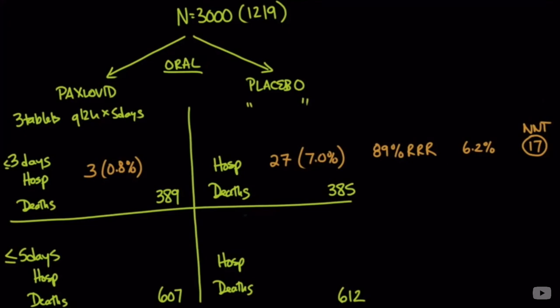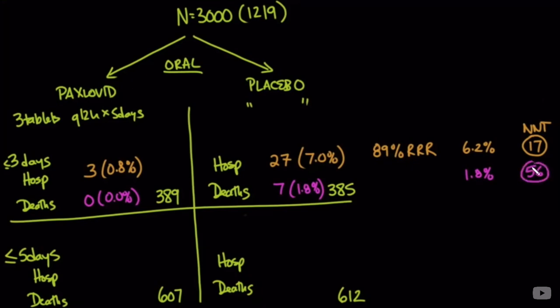What about deaths? Well, in the PAXLOVID group, if you got to them before the end of 3 days of symptoms, there were actually 0 deaths in that group, and that's, of course, 0%. But in the placebo group, there were 7 deaths, and that's 1.8%. Now, of course, if you look at this, that is a 1.8% absolute risk reduction, and the reciprocal of that would take us to a number needed to treat of 56.